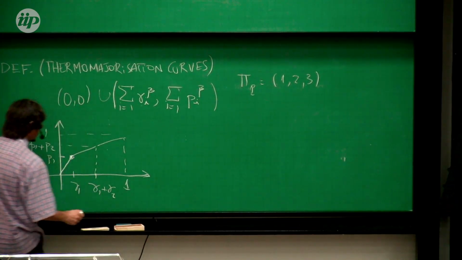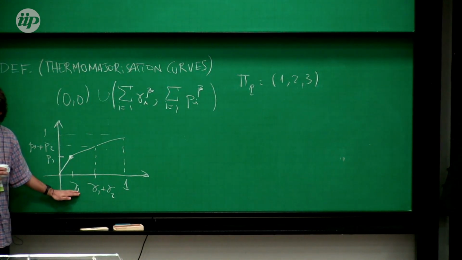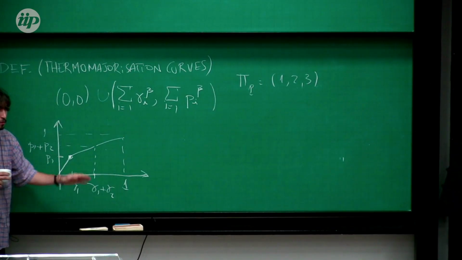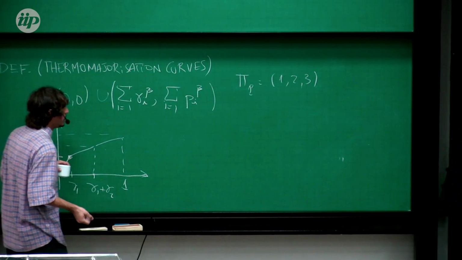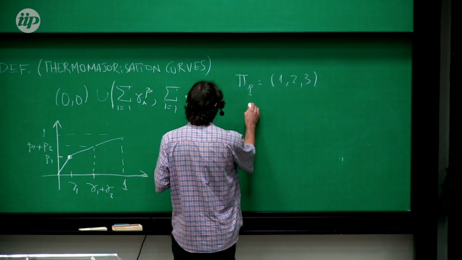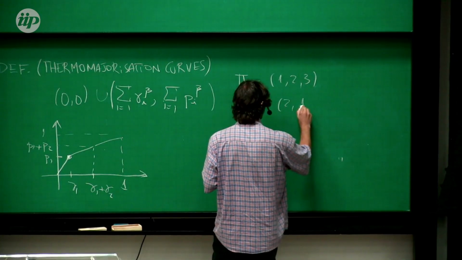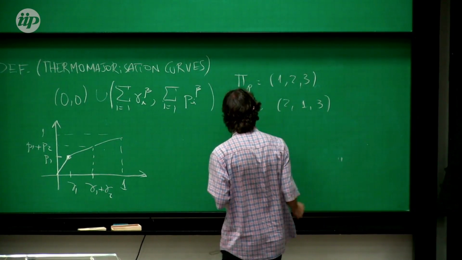And this is precisely like a majorization curve, if we think that in the x-axis we are putting cumulative versions of the uniform distribution, right? But it could also be that the vector I'm looking at, let's say my vector Q, has beta ordering 2, 1, 3, for example.